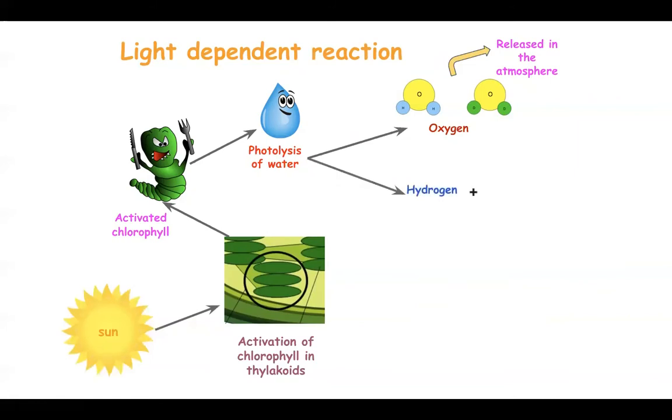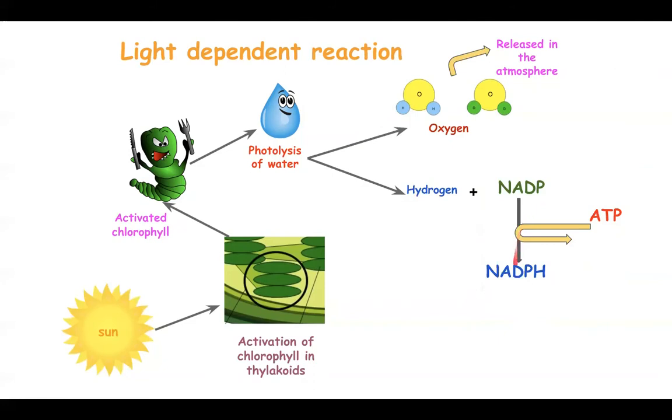This hydrogen combines with NADP plus to form NADPH. This reaction is carried out by formation of energy. That energy is provided. Now, this entire reaction cannot occur if no energy is there, because this is occurring in the dark. This is a part of the dark reaction. So this reaction can only occur if this high energy molecule ATP provides its energy.